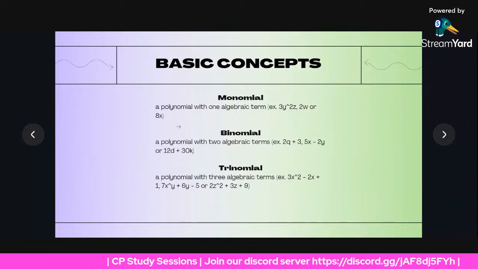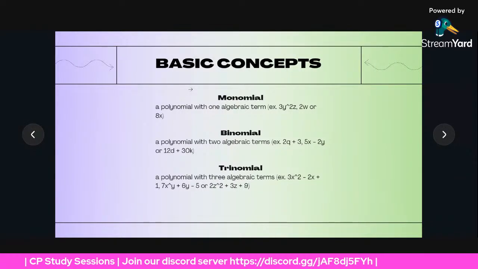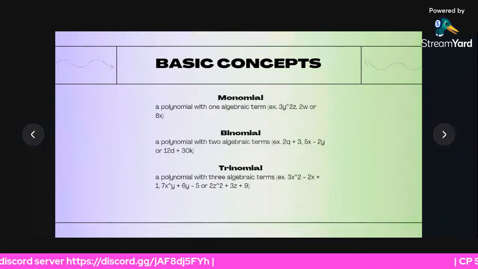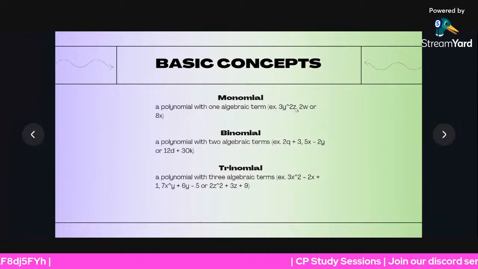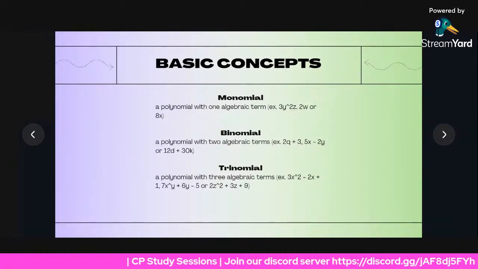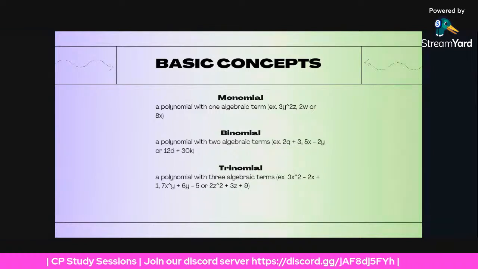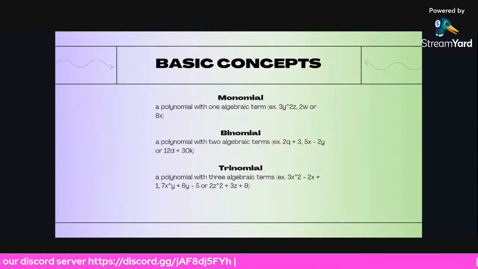So, monomial, it is a polynomial with one algebraic term. Its example is 3y squared. Sorry, ignore nyo na lang tong z, it's a typo. 2w or 8x. Next is binomial, a polynomial with two algebraic terms.